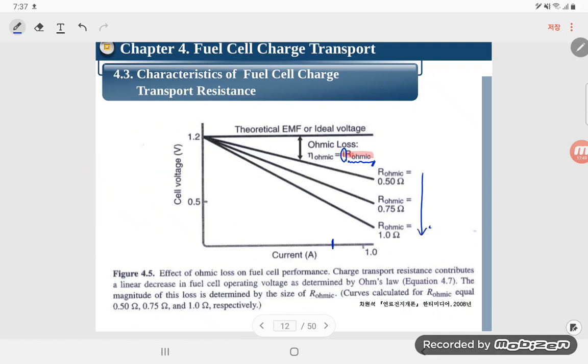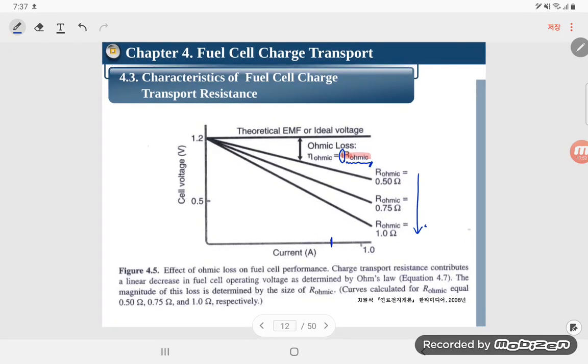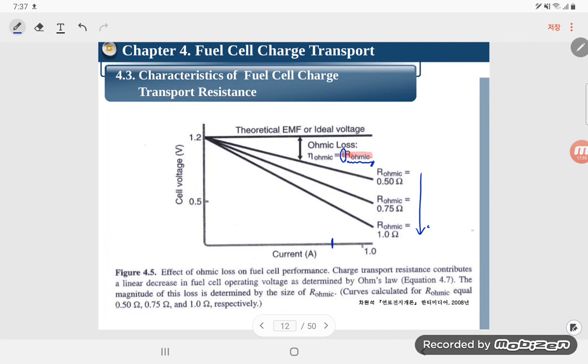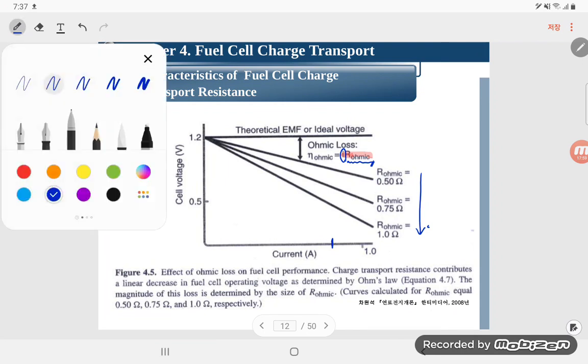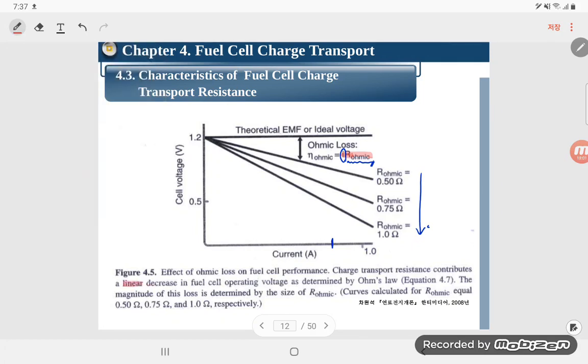So the effect of ohmic loss on fuel cell performance, this is the graph for it. Charge transport resistance contributes a linear decrease in fuel cell operating voltage as determined by Ohm's law. The magnitude of this loss is determined by the size of R ohmic.